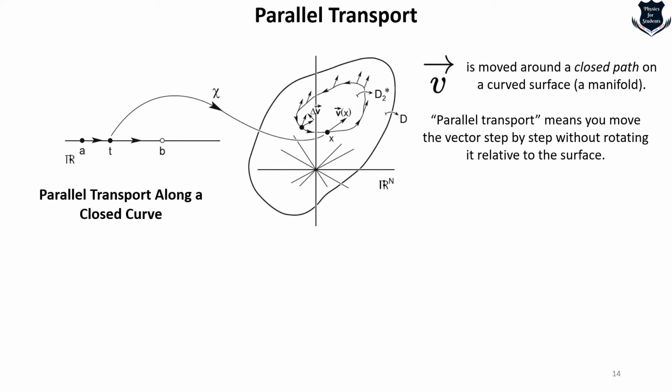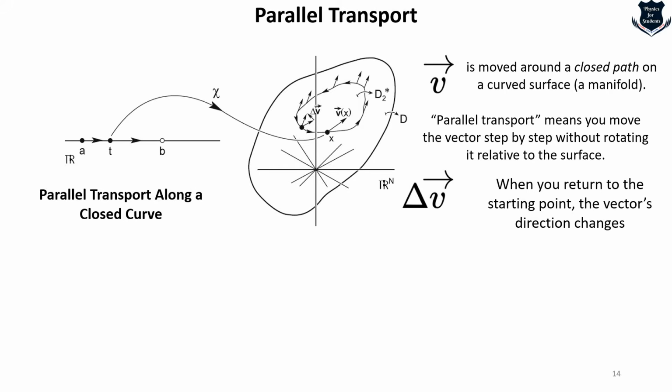Parallel transport means you move the vector step by step without rotating it relative to the surface. When you return to the starting point, the vector's direction changes, which is represented by delta v.